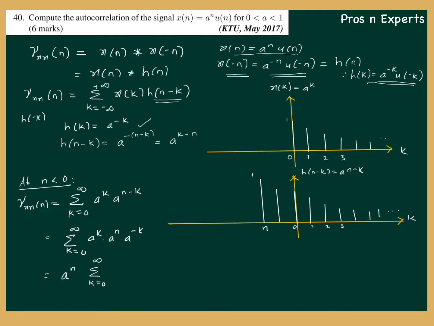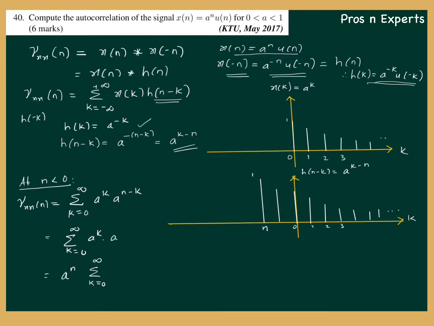So I have to change this. The equation is x of k into h of n minus k. X of k is a raised to k, because here it is a raised to k. Now h of n minus k, I have to change it as a raised to k minus n.